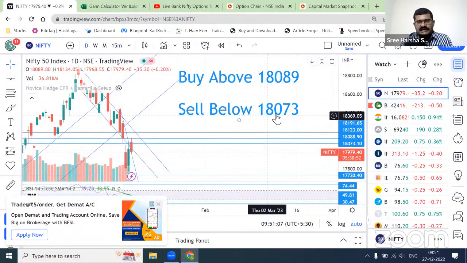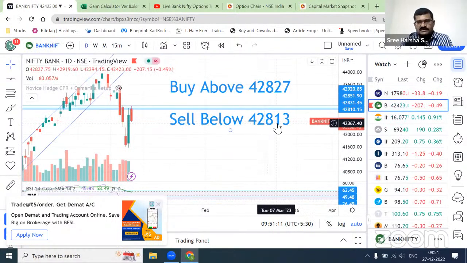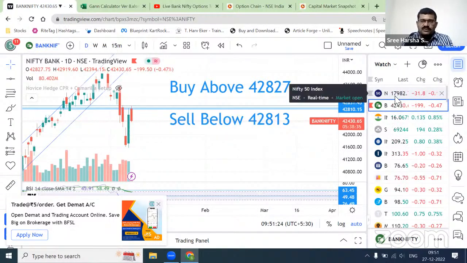Below 18,073 and below 42,813, we are most likely on the sell side only. Yesterday, since it gave a big move, I was expecting that it will hold 18,000, but it has failed. Even Bank Nifty has failed at 42,500.